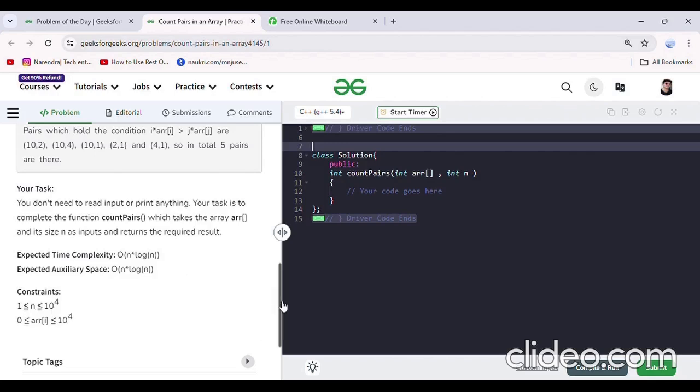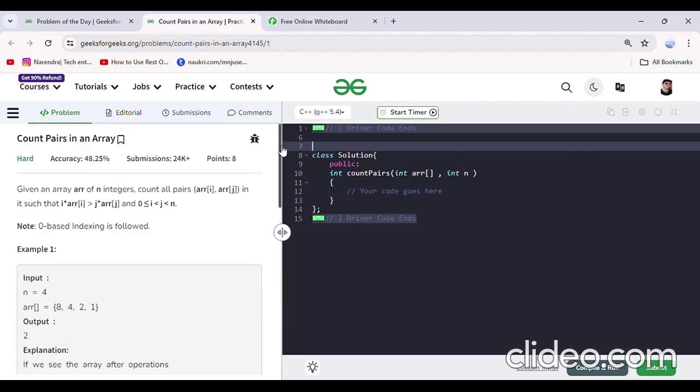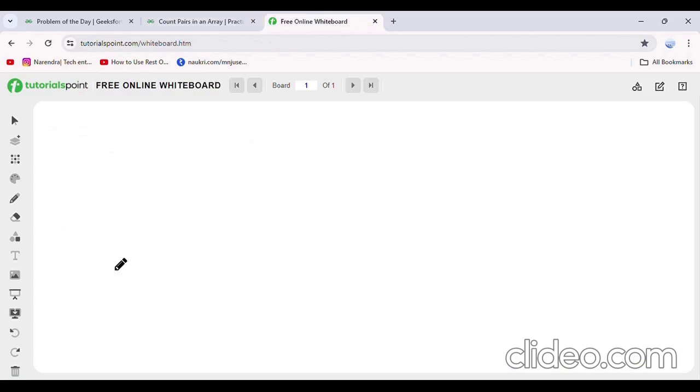Guys, the question is given that, suppose we take the array 1 2 3 5 6. Here this index is 0, this index is 1, this index is 2, this index is 3, this index is 4.